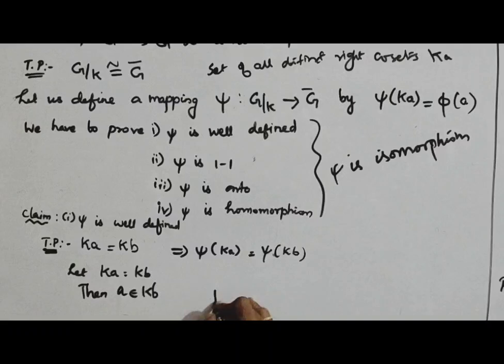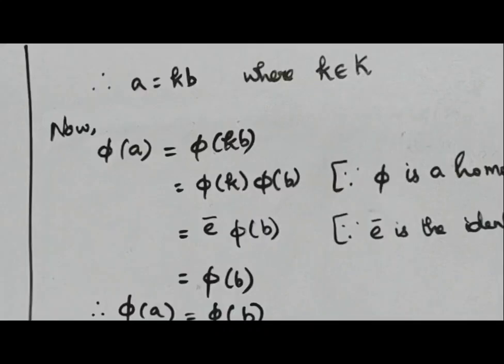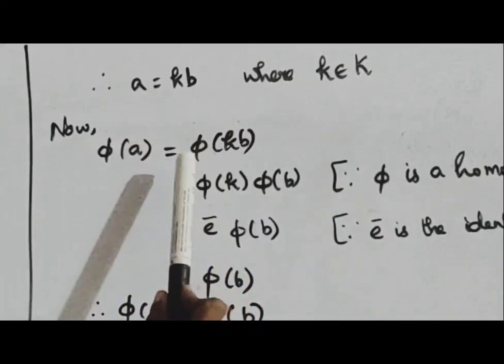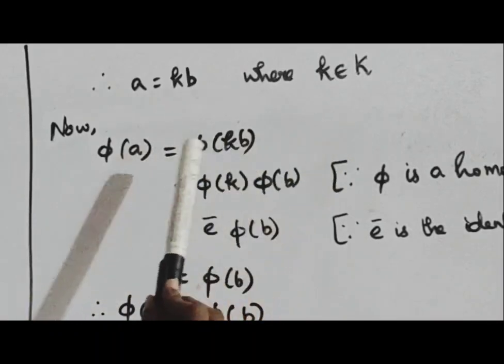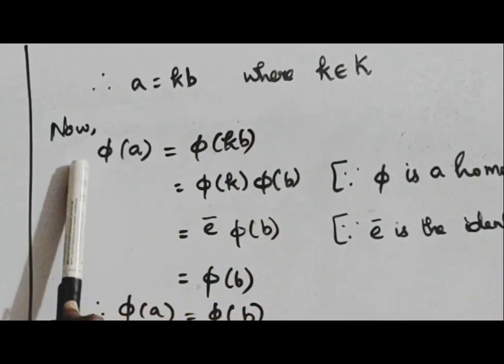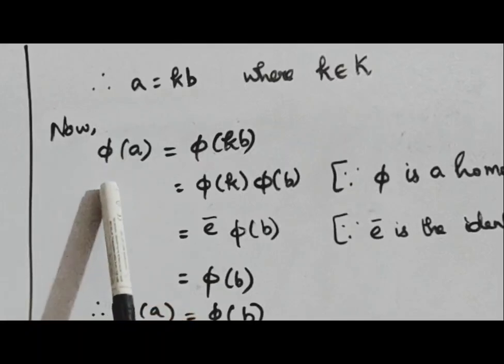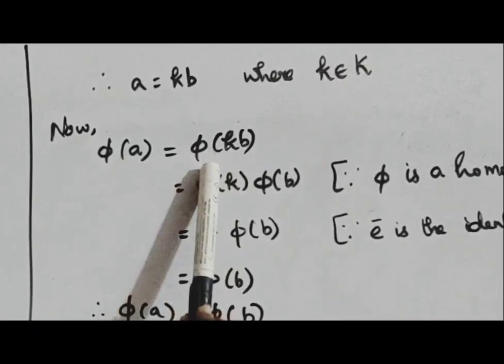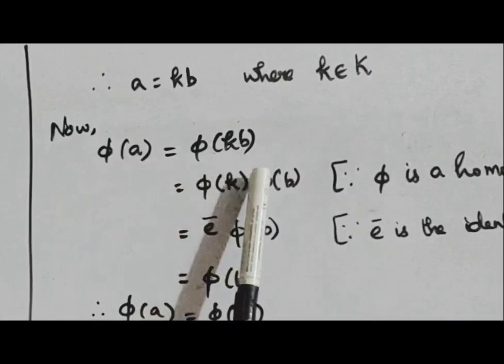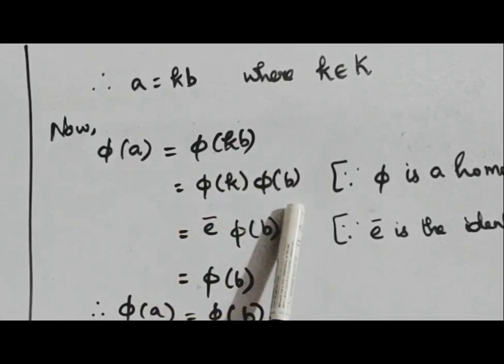Therefore, a is equal to kb, where this k belongs to the kernel K. Now, taking phi on both sides, we are getting phi of a is equal to phi of kb.